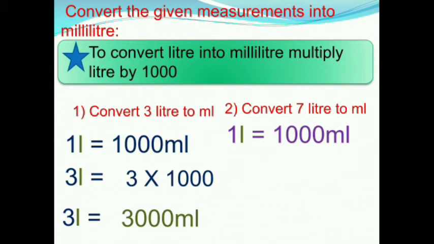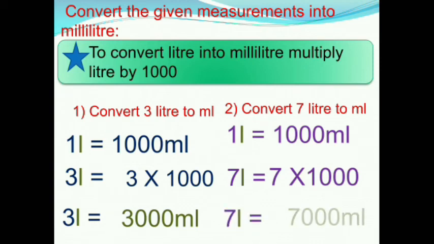So, now we should multiply 7 by 1000. What is 7 multiplied by 1000? Yes, 7 into 1000 is equals to 7000. Therefore, 7 liter is equals to 7000 ml.